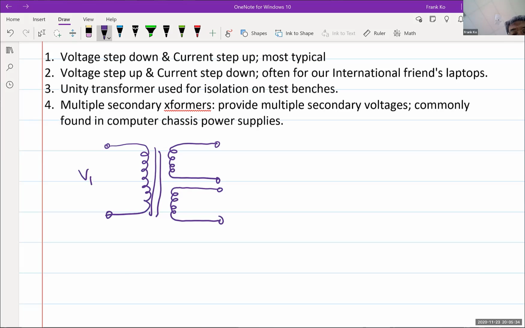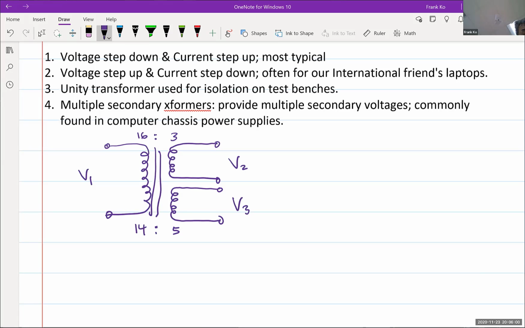This one would be my V2, and this will be my V3. And the turns ratios may go something like this. Let's say I have 16 over this side, colon, to 3. And then over here, I have a 14 to 5.